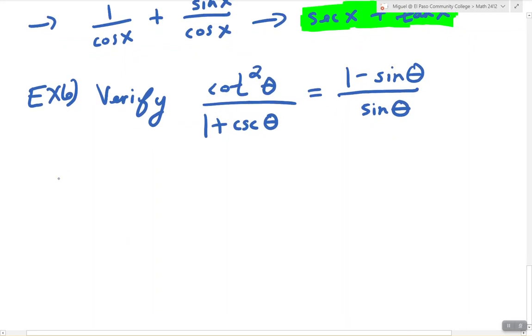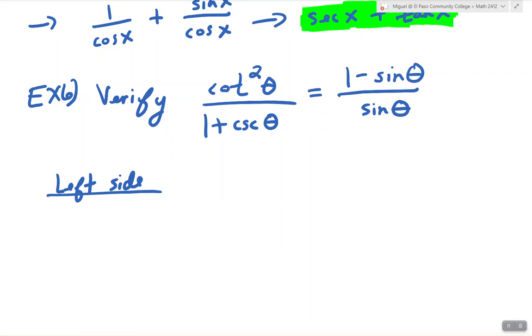So let me do one at a time. So here, let's say we worked on the left side. So this could be an option for you if you keep working and somehow you just can't seem to get to the other side. You might want to try the double pronged approach where you attack both sides.